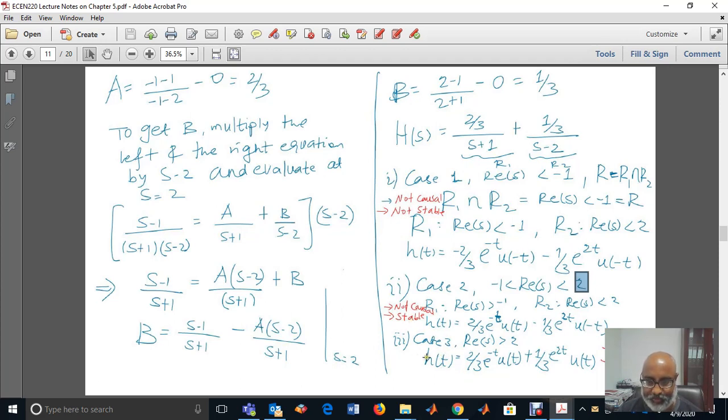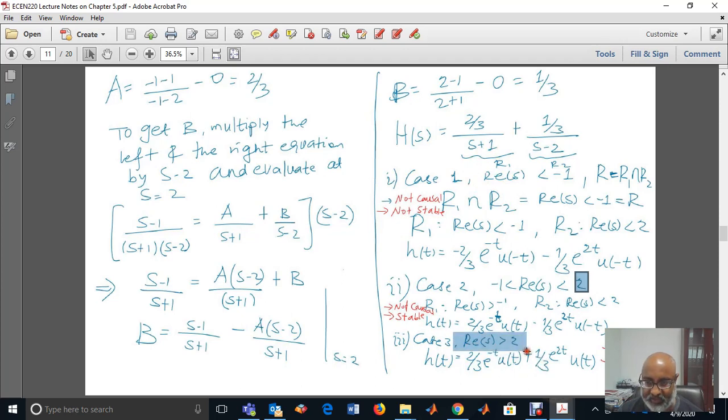And the last option is case 3, real of s greater than 2. That means the common region for R1 and R2 is greater than 2. So what should be R1, to have an intersection with real of s greater than 2? It should be right-sided, because if real of s is less than -1, it will not be in the common region.